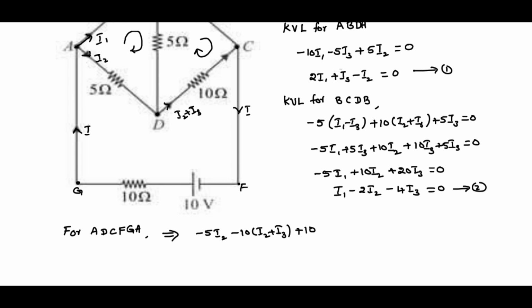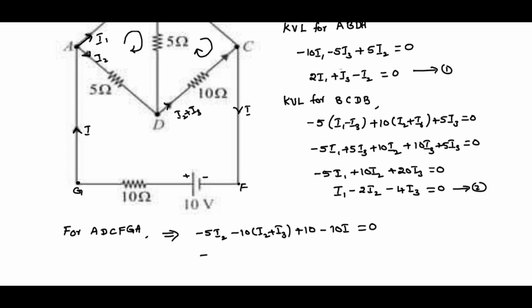Why? Because we are moving from negative terminal to positive terminal. And the current passing through this 10 ohm is I. That I is nothing but, I will write, minus 10 I is equal to 0.